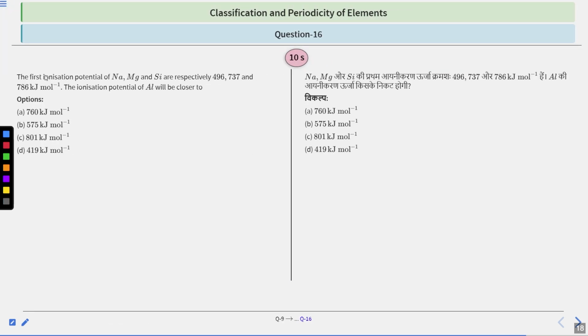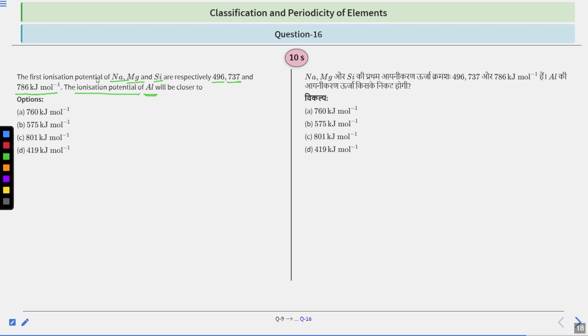Question number 16. The first ionization potentials of sodium, magnesium, and silicon are respectively 496, 737, and 786 kilojoule per mole. The ionization potential of aluminium will be closer to: so we have to find out the ionization potential of aluminium.